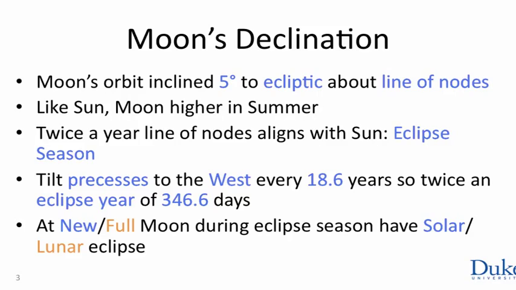So the moon, too, is higher in the sky in the summer and lower in the sky in the winter. But it generically is not exactly the same as the sun.